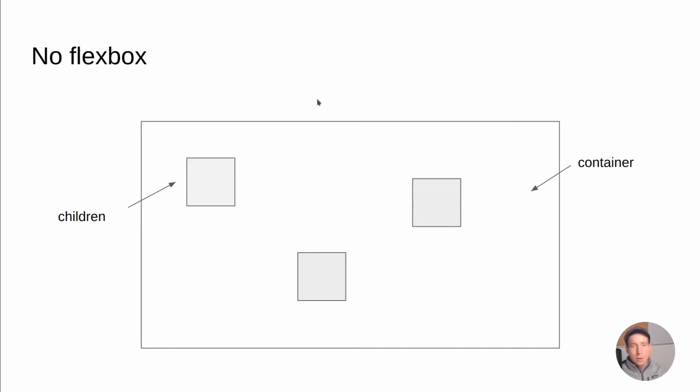Flexbox is all about how elements are positioned inside of a containing element. So here you can see we have a container element, and this container element has child elements inside of it. If no flexbox layout is applied, at least in Bubble, we can place these elements freely inside of the canvas.